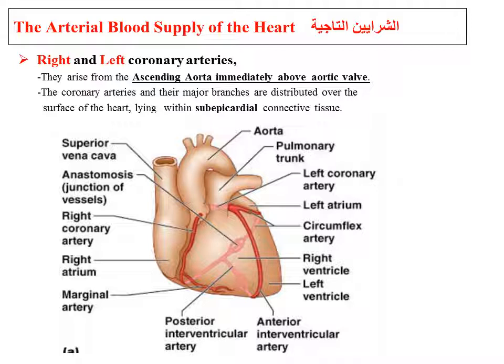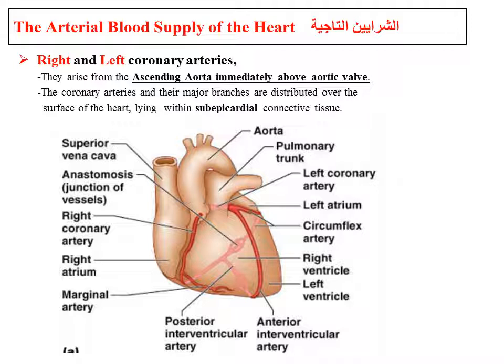The right and left coronary arteries both arise from the ascending aorta immediately above the aortic valve. The coronary arteries and their major branches are distributed over the surface of the heart, lying within the subepicardial connective tissue. The layers of the heart are the epicardium, myocardium, and endocardium.